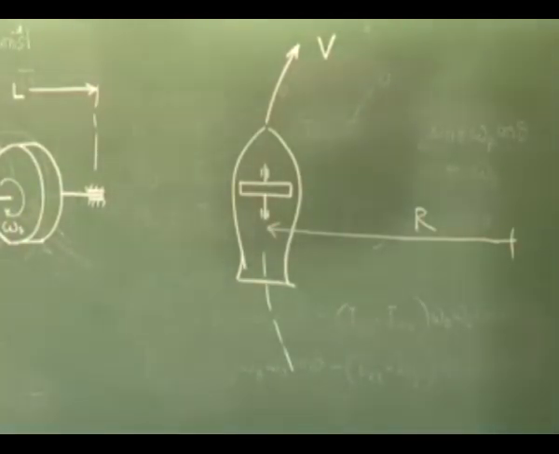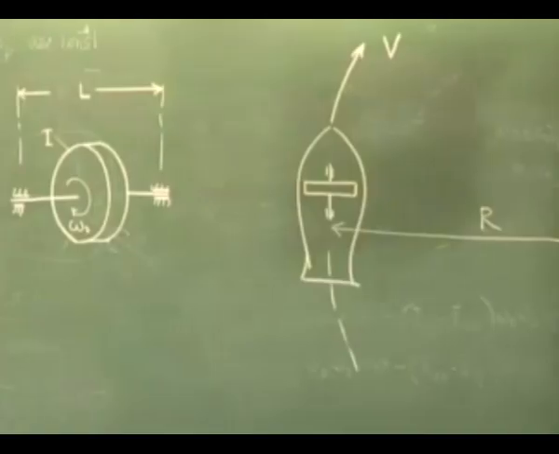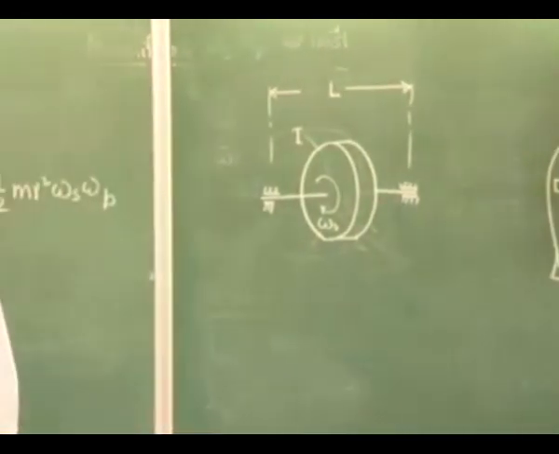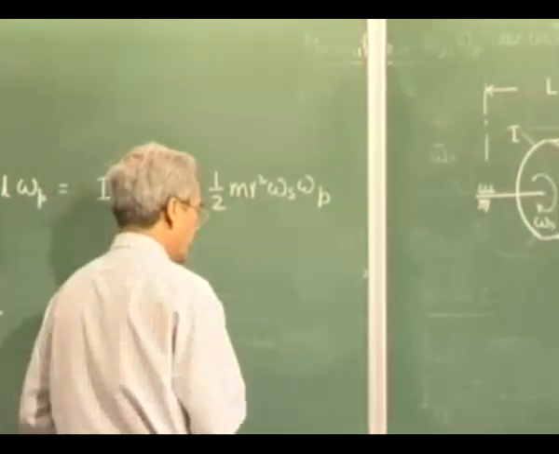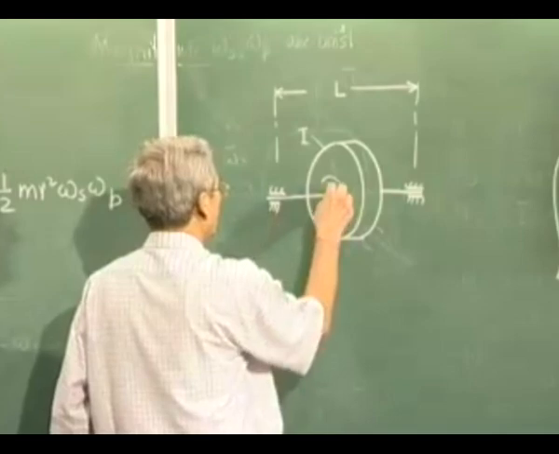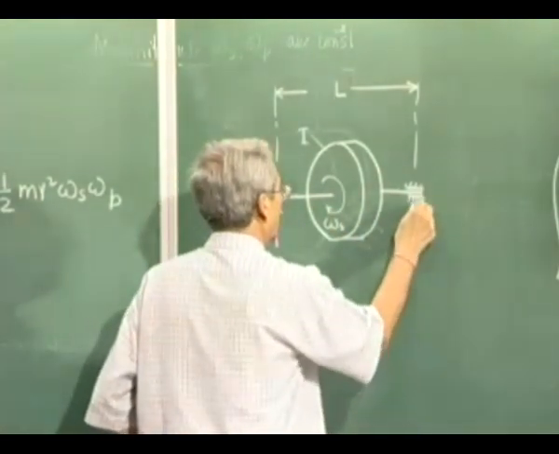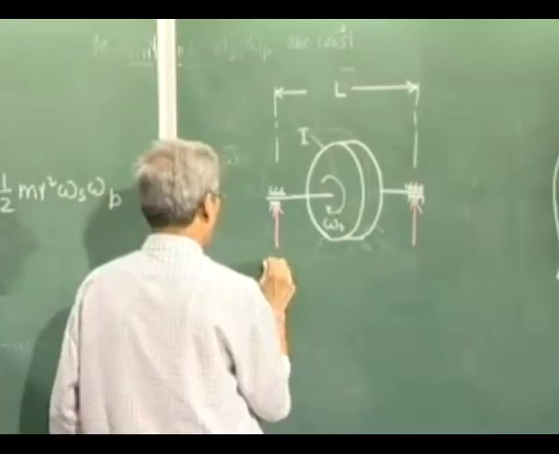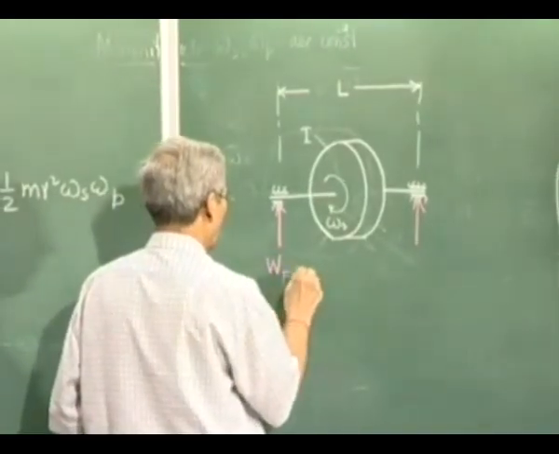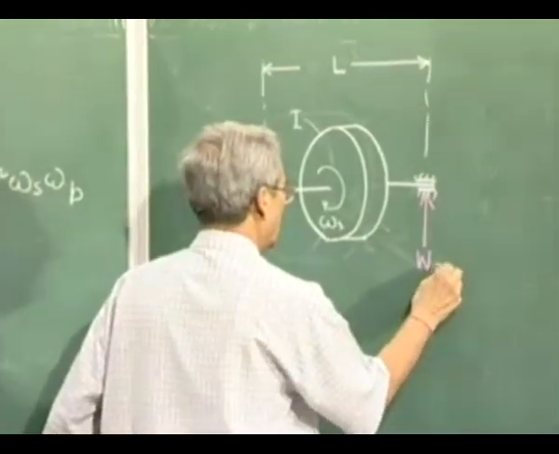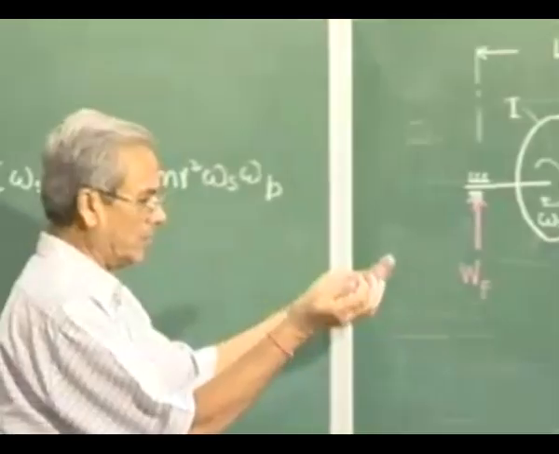So what will be the bearing reactions? When it is going straight, the only thing the bearing will have to support is the two parts of the weight. The weight is supported.